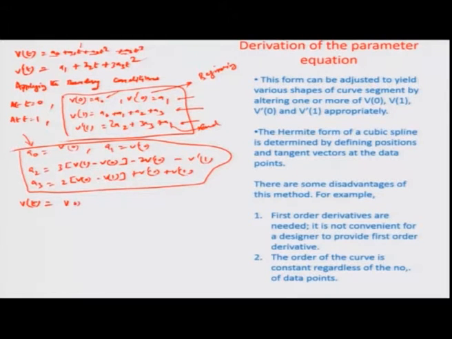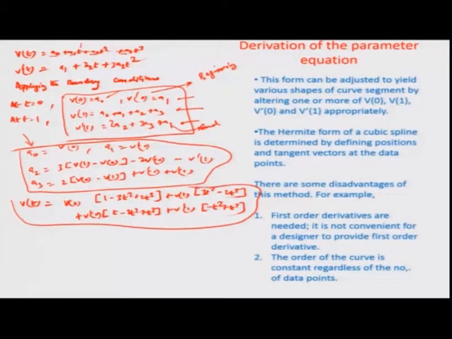This can be represented as v 0 times of 1 minus 3 t square plus twice t cube plus v 1 times of 3 t square minus twice t cube plus v dash 0 times of t minus twice t square plus t cube plus v dash 1 times of minus t square plus t cube, which is actually how the equation which was assumed earlier will be represented.